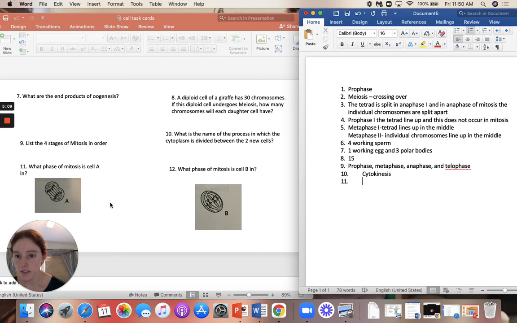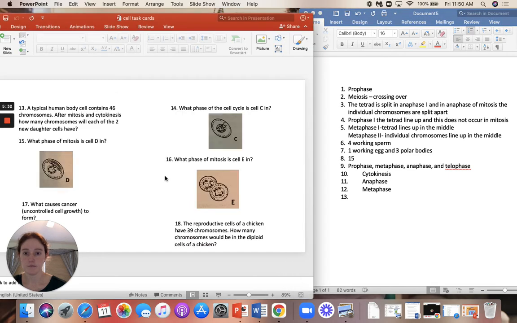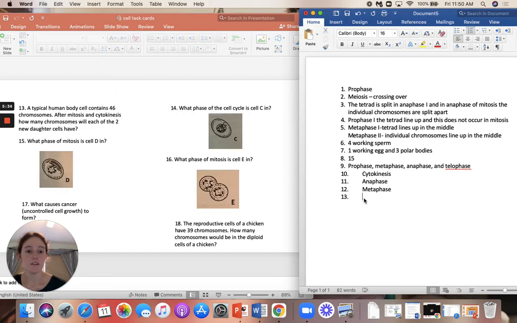What phase of mitosis is cell A in? So here you can see that the chromosomes are actually being pulled apart and they're going to their own separate places. So I would go that one being anaphase. What phase is B in? So they're all lined up in the middle there. We know it's mitosis, so it's going to be metaphase. Okay. 13.